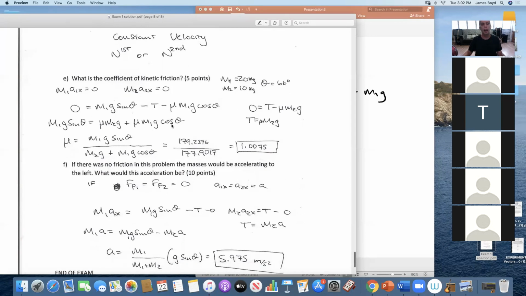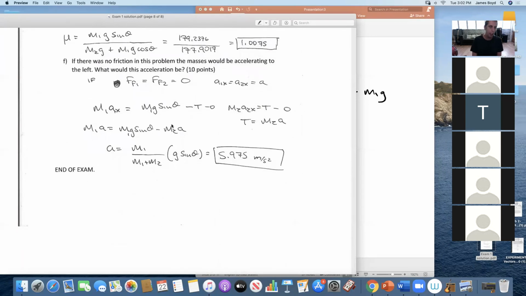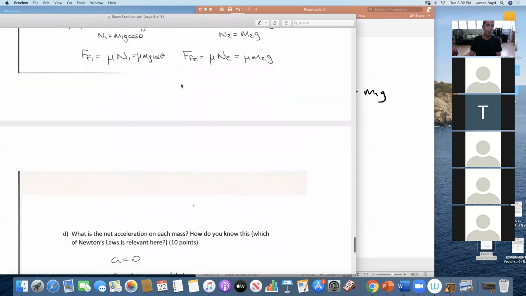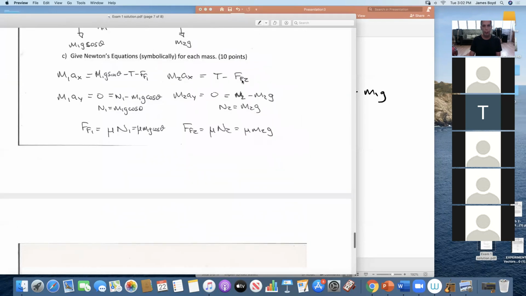The last thing that I asked in this exam is, if there were no friction, what would the acceleration be? Now again, when you have to go back through and do something like this, there's usually a fast way to do it. The fast way to do it here would be just to set this term equal to 0 and this term equal to 0.